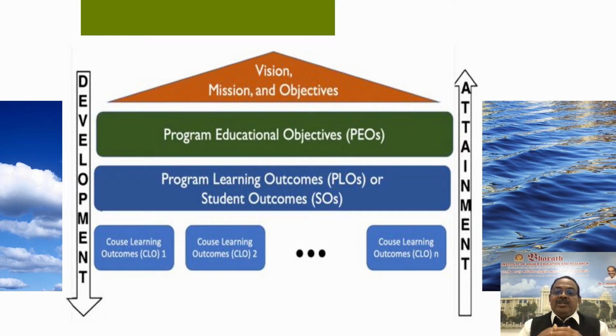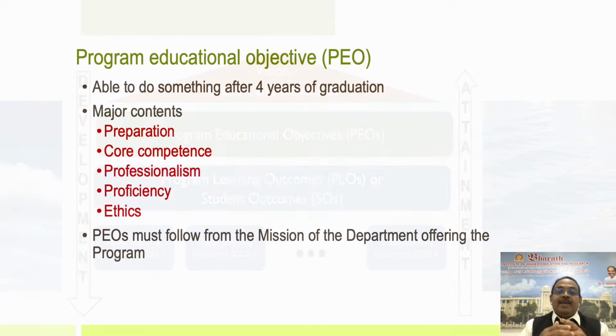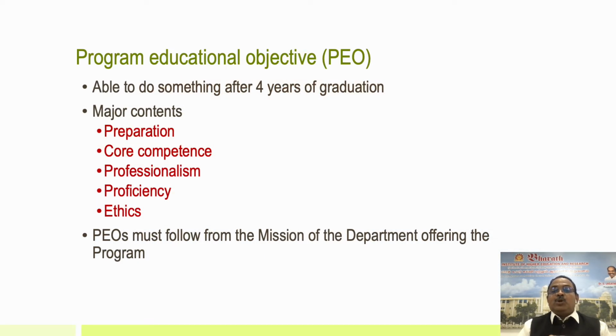Generally, a vision of a program or department has a mission to reach the vision by using the PEO, PO, PSO, and CO. In general, PEO must follow the mission of the department offering the program.